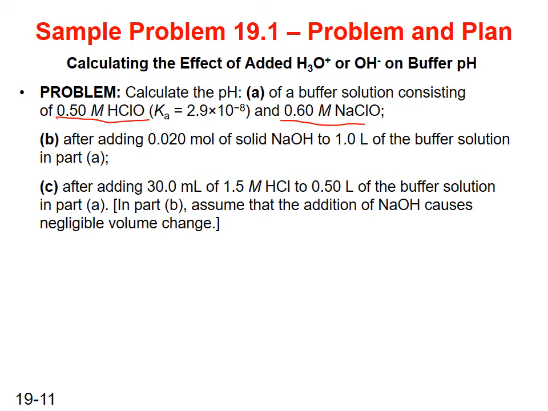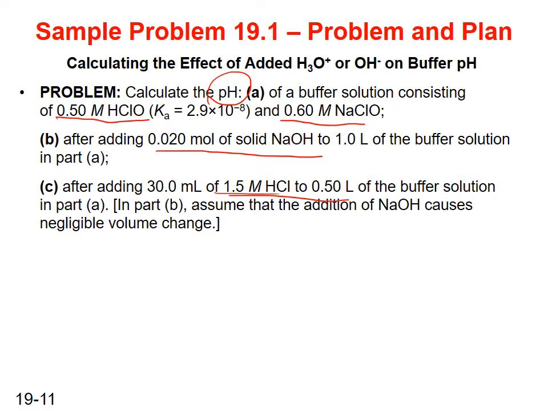First we calculate the pH of this buffer solution. And then we add a small amount of sodium hydroxide into the solution, and then calculate the new pH value. And finally, we add a small amount of hydrochloric acid, and then calculate the pH and see how much it changes.